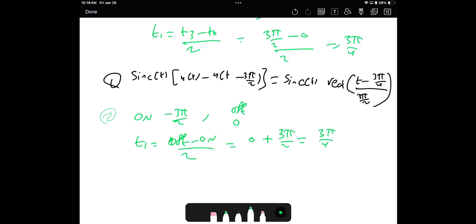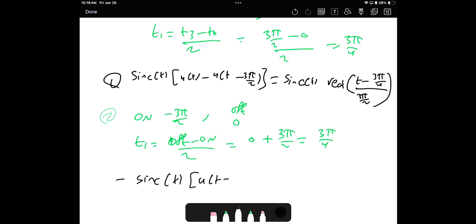Then the width. Actually, when we do the rects, it will be negative sinc of t.